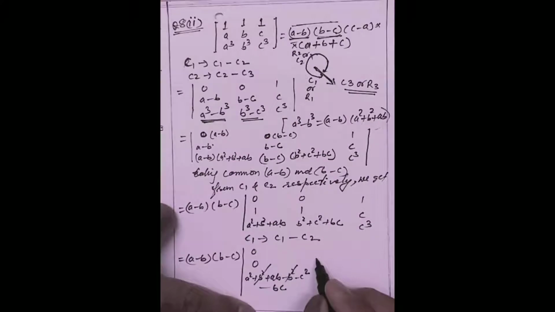The second column is as it is: 0 and then 1 and then B square plus C square plus BC, and the third column is also 1, C and C cube.